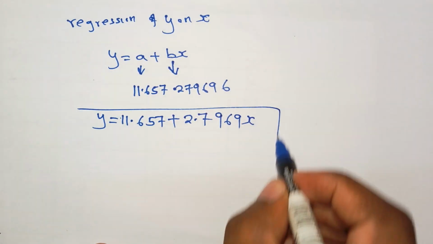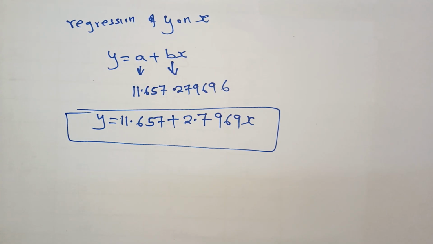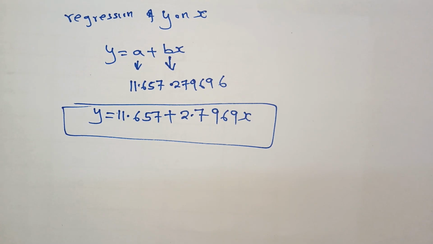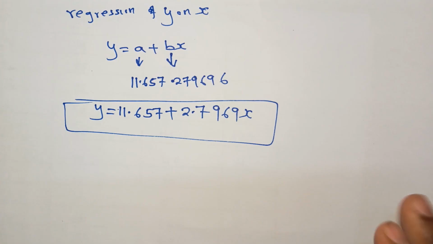So this is the regression equation of y on x. It is y equals 11.657 and yeah, now we have been able to get the regression equation of y on x.